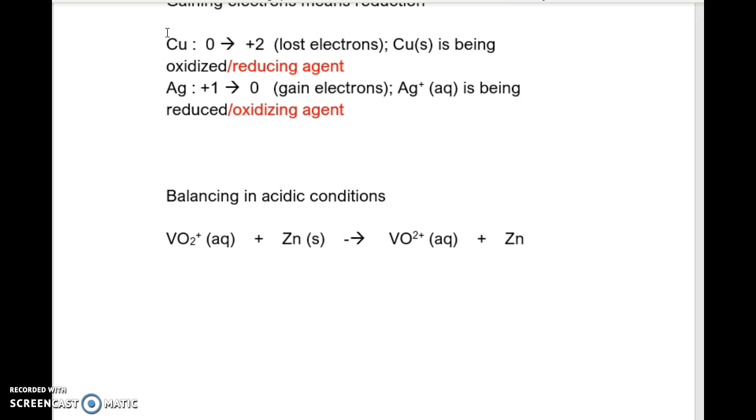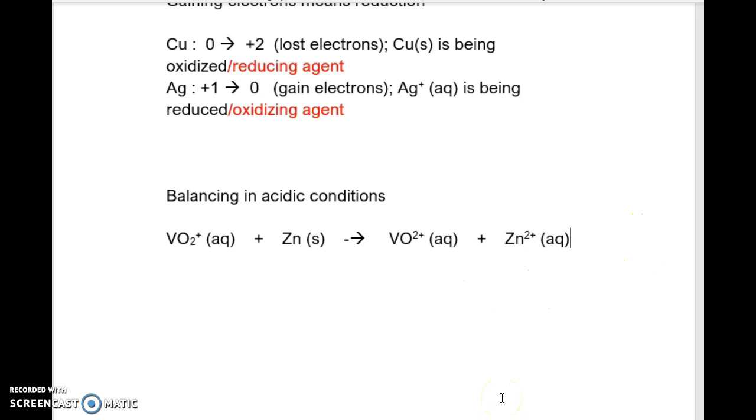Now, I'm not going to do it here, but if you want to practice, you can determine which one's going to be oxidized and which one's going to be reduced. If you're interested, the zinc is the one being oxidized, and the vanadium is the one being reduced. But you can check it out yourself.